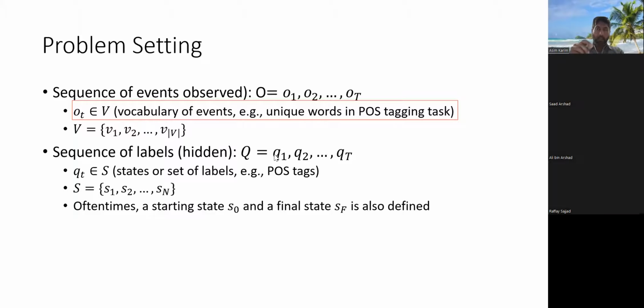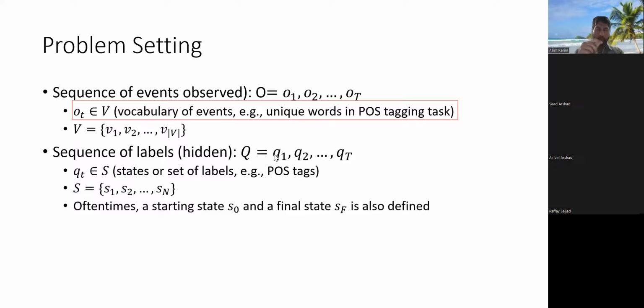So what is then the sequence? The sequence is a sequence of words from the vocabulary: O1, O2, O3, up to OT. For example, let's say I have the sentence, I study at LUMS. O1 would be I, O2 would be study, O3 would be at, and O4 would be LUMS, and T, of course, would be 4.